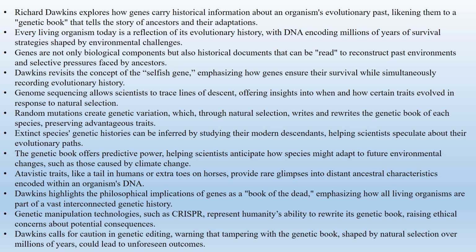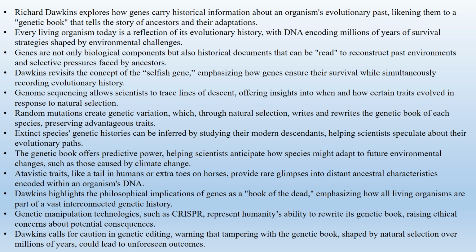Dawkins extends this idea by suggesting that, through careful study, we can decode these genetic books and learn about the selective pressures that sculpted different species. This not only illuminates the present-day forms of life, but also provides a window into the ancient world.